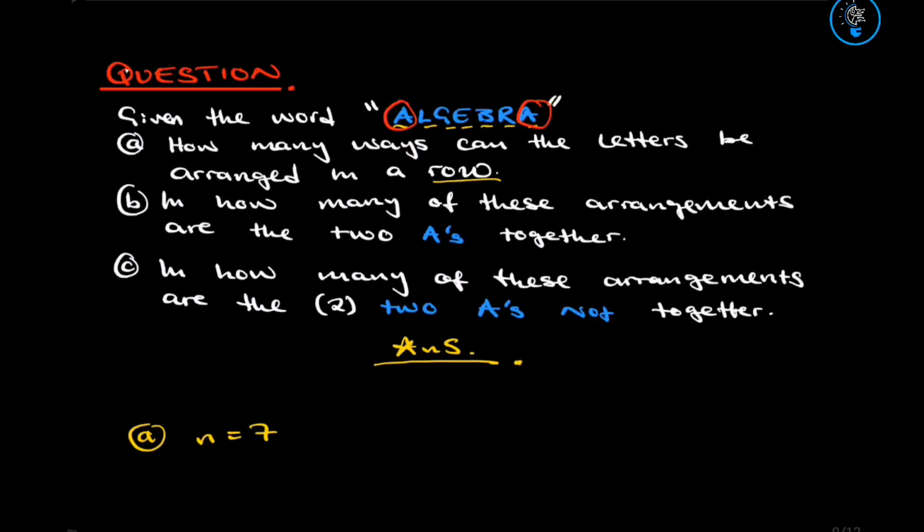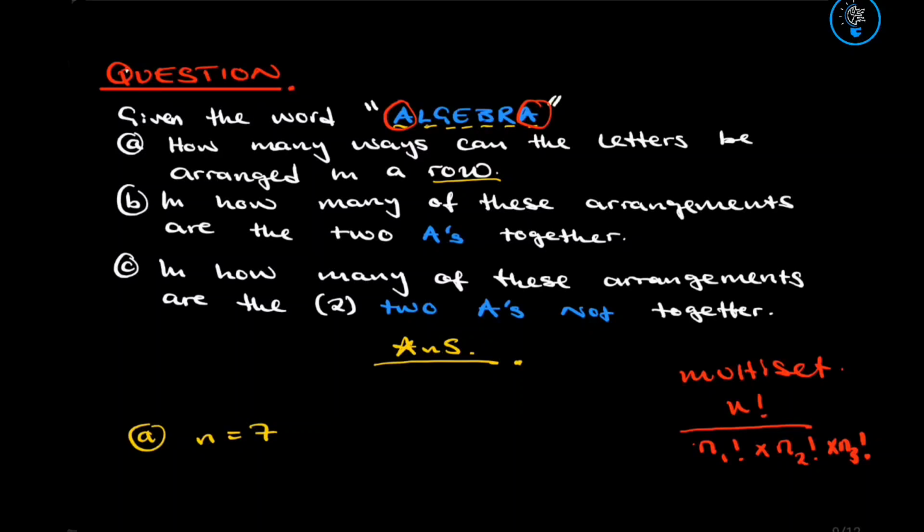So because of this, we are going to use the formula for permutation of a multi-set, which is n factorial divided by n1 factorial times n2 factorial times n3 factorial. Let me repeat what I said.